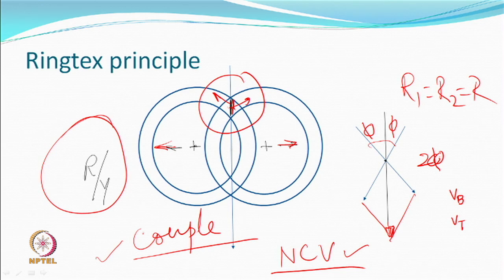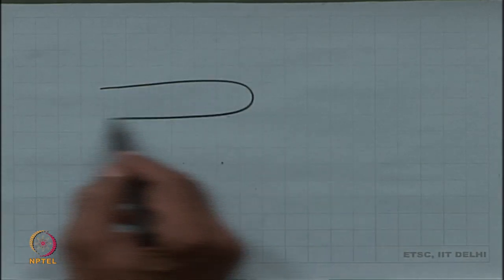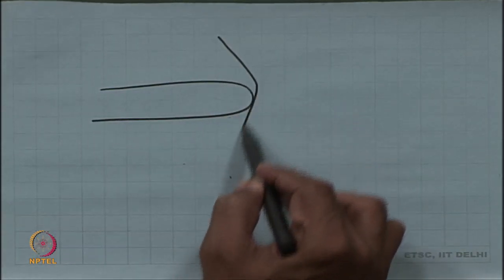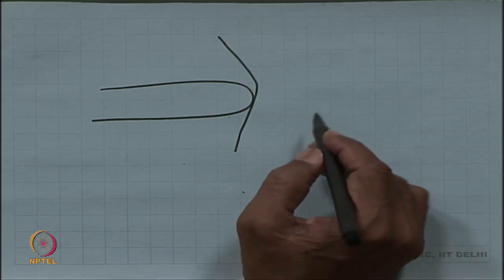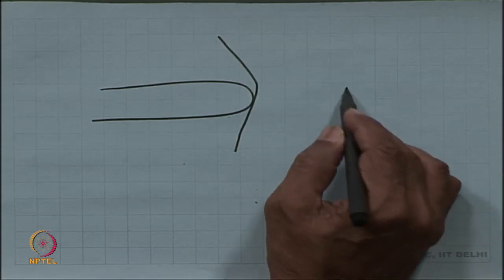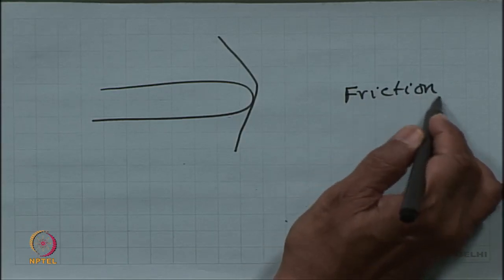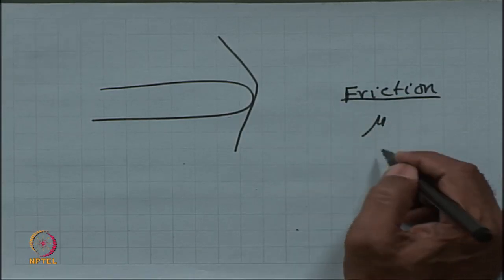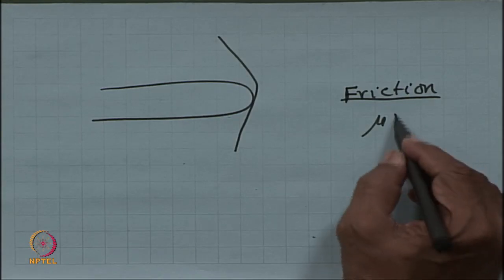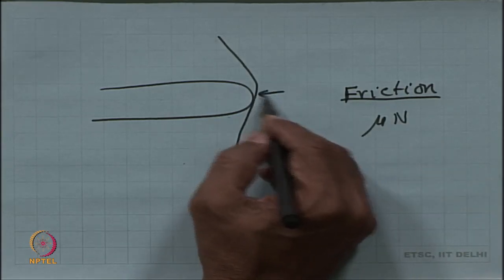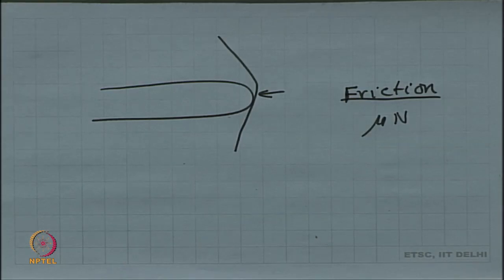where was the couple getting generated in a disc system when you had a disc? So, friction of course was there because you had mu and a normal force which was there in the yarn.